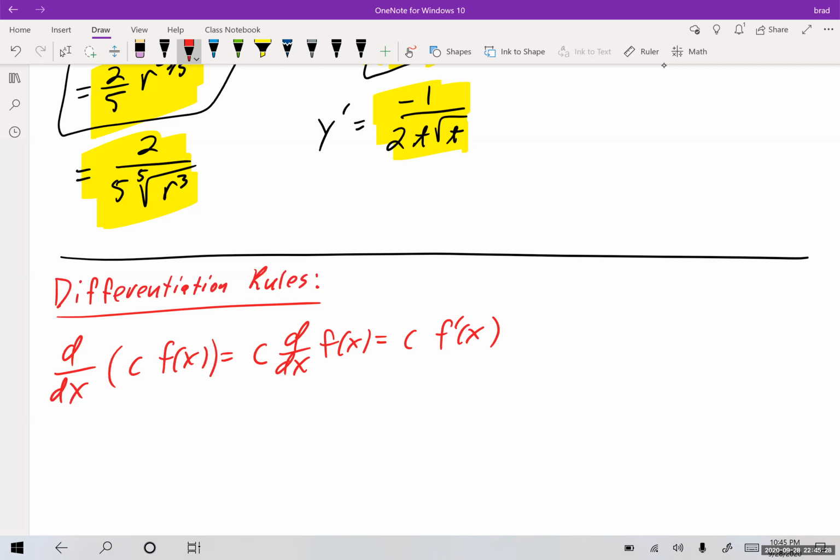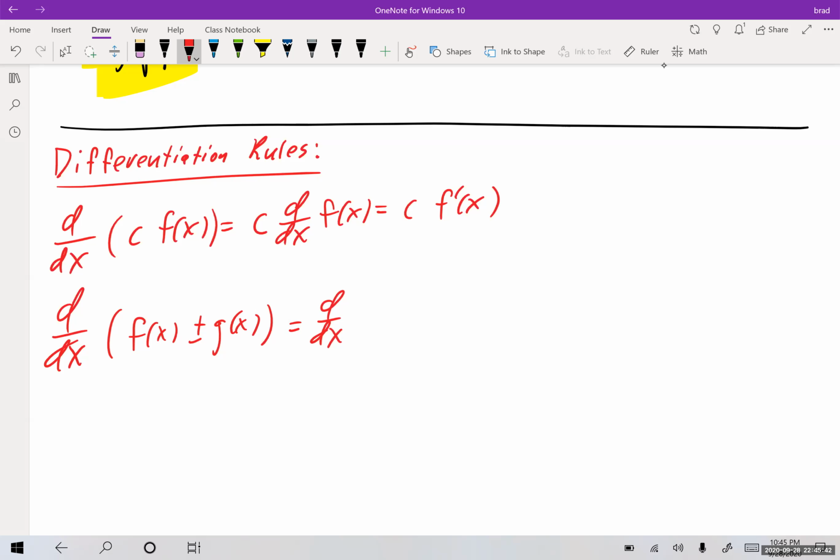Okay. The other thing you can do is take d/dx of f of x plus or minus g of x, and this would be equal to d/dx of f of x plus or minus d/dx of g of x, which is equal to f prime of x plus or minus g prime of x.